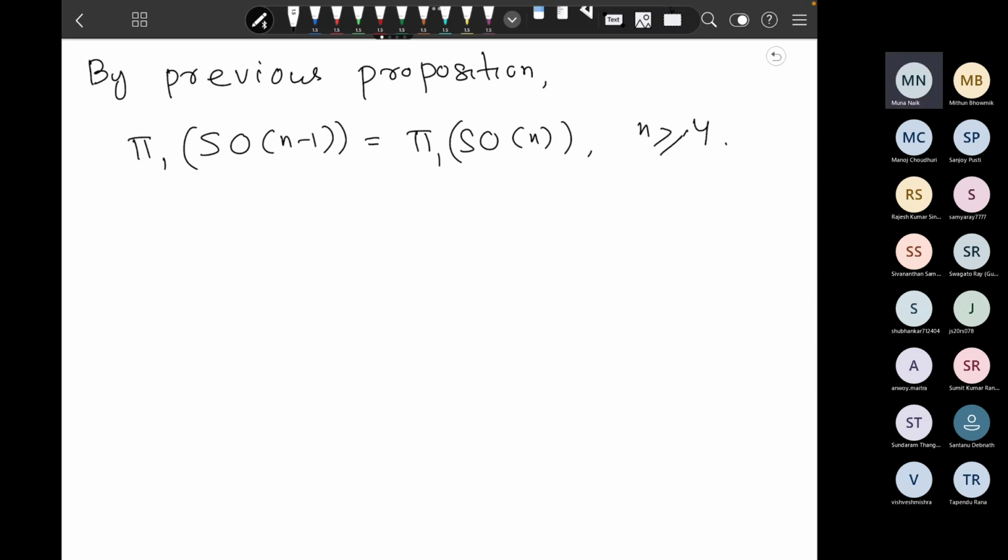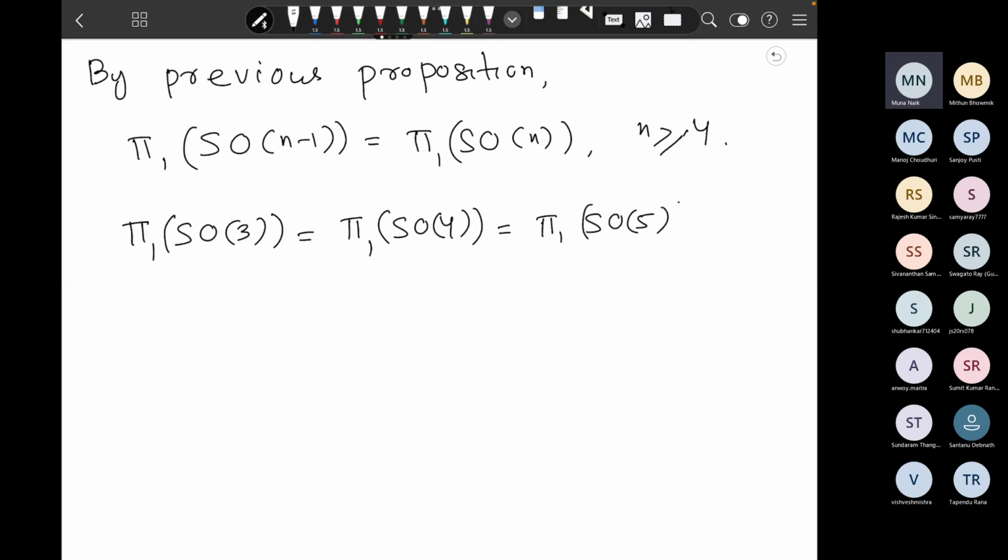Now I first put n equal to 4. Then I get pi 1 of SO3 is equal to pi 1 of SO4. Now n equal to 5: I get pi 1 of SO4 is equal to pi 1 of SO5, and I can continue in this way. So this will be the same thing as pi 1 of SOn, n greater than or equal to 3.